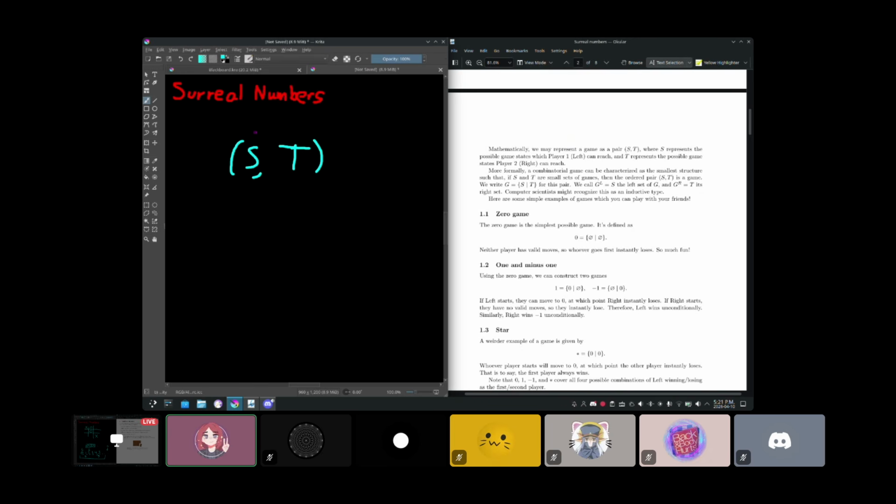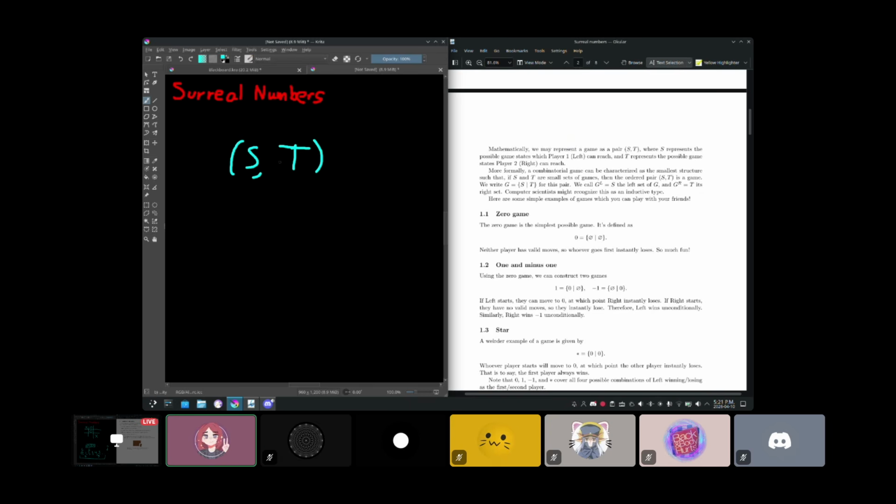S is the set of possible game states which the first player can reach. Since we're writing it on the left, we'll call player 1 Left. And T is the set of possible game states that player 2 can reach. It's on the right, so we can call player 2 Right.